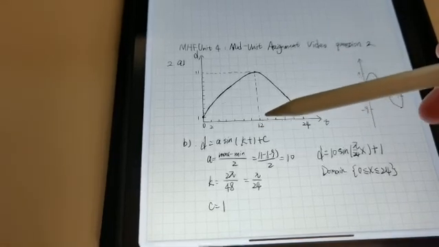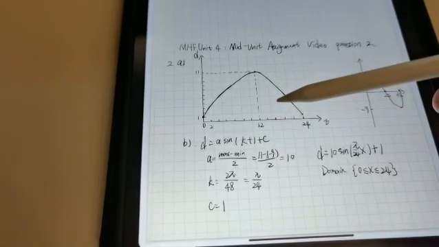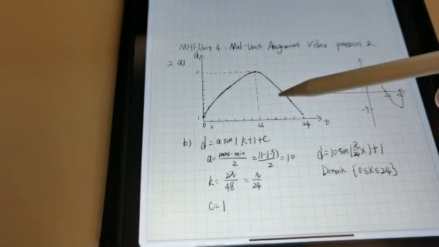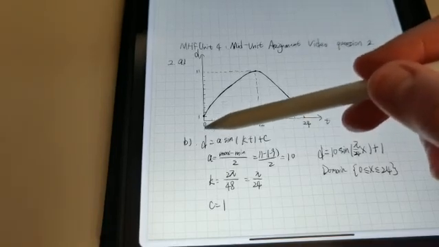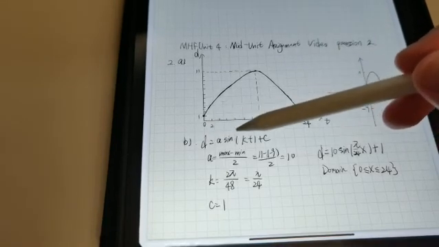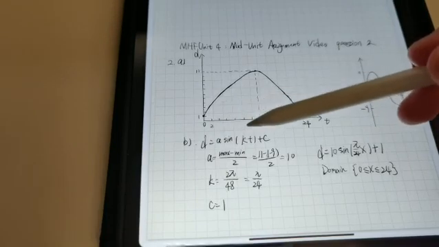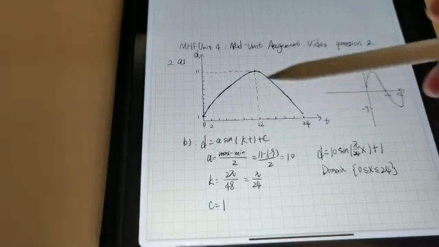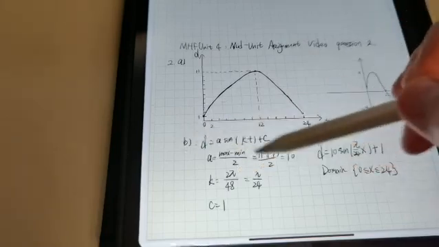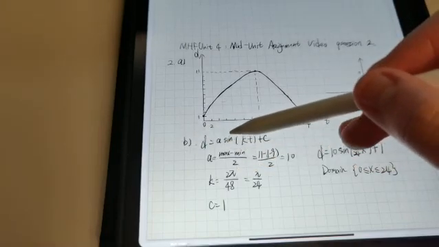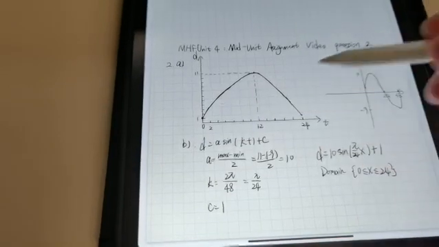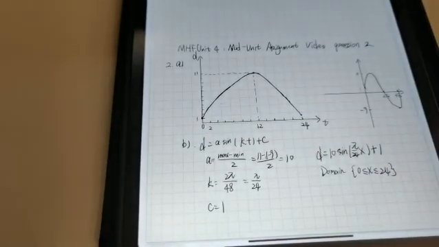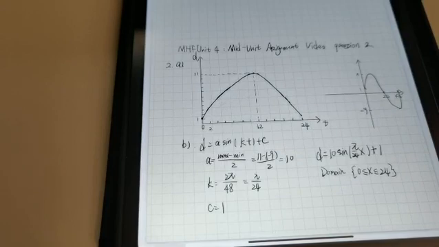Then question 2, part B: write a trigonometric equation that describes the graph. We can write it like this: d equals a times sine of k times t, plus c, and we can calculate each part. A is equal to the max minus the minimum, divided by 2.